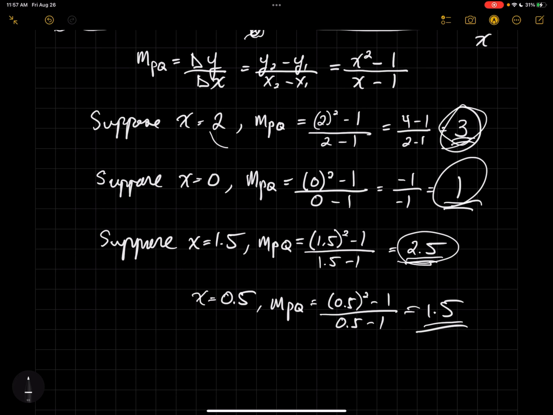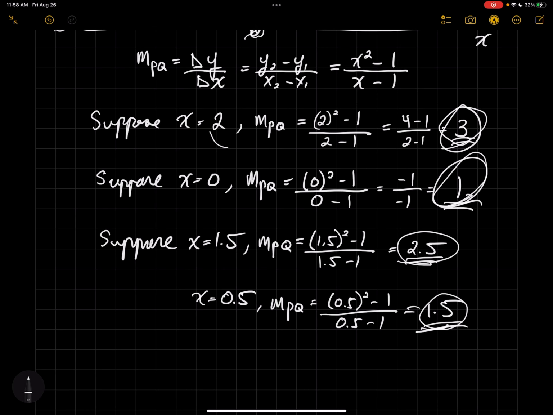And then on the left-hand side, when Q was at an x value of 0.5, the slope of the secant is 1.5, but when it was at x equals 0, the slope was 1. So both slopes changed, and they changed in such a way that, regardless of the location of Q, either to the right of P or to the left of P, the slopes of those secants are approaching each other, right?